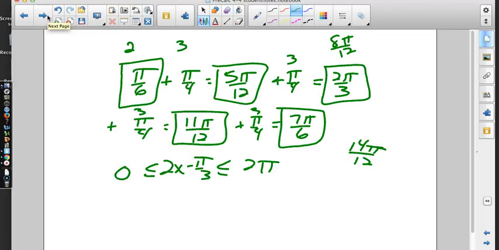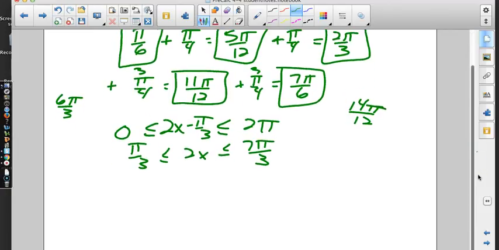But we're going to have to add pi over 3 to all 3 pieces. And we'll have to have our common denominators. So we'll need 6 pi over 3 for 2 pi. And then we add one more and we get 7 pi over 3. And then dividing by 2, if you're working with fractions, you might as well just multiply everything by 1/2. So this will be pi over 6 less than or equal to x less than or equal to 7 pi over 6, which is exactly where we ended up.